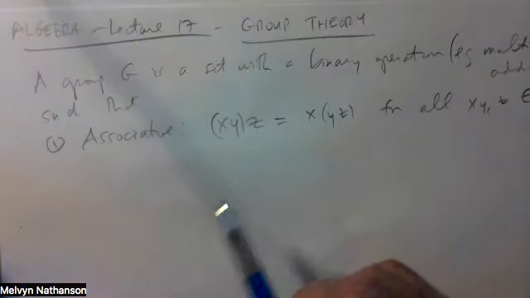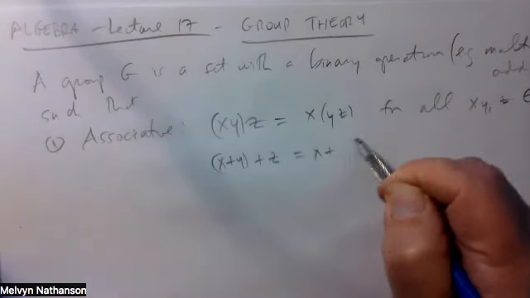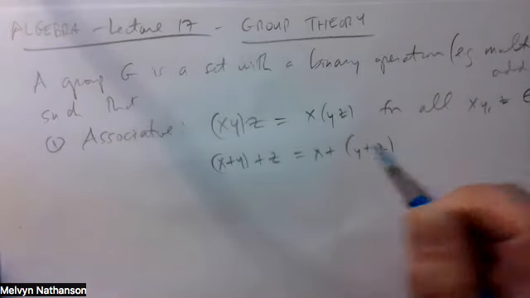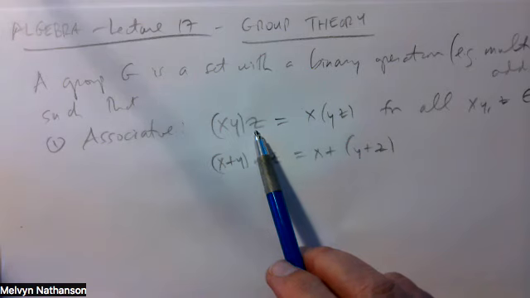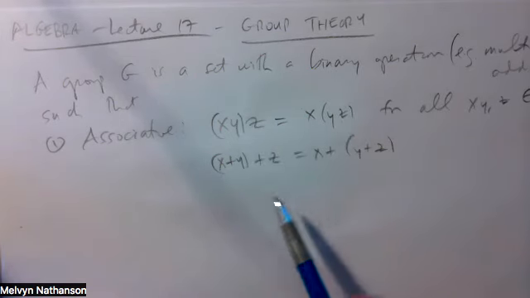If you were writing the operation with a plus sign, this would be x plus y plus z is x plus y plus z. So this is associativity written with multiplication, and this is associativity written with addition.